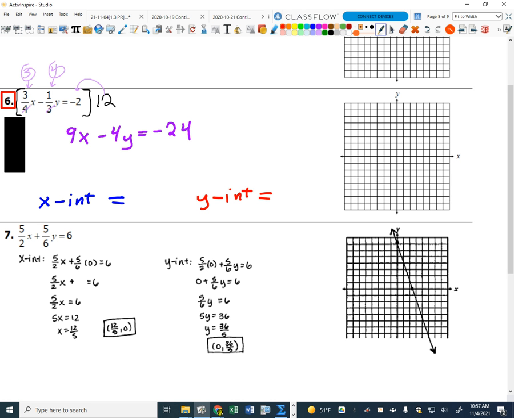Okay, when you're done, let me see what you got. Hold up your answers. Yep. And you'd reduce. Did you reduce that top one? You could though, right? What's that? The top one.